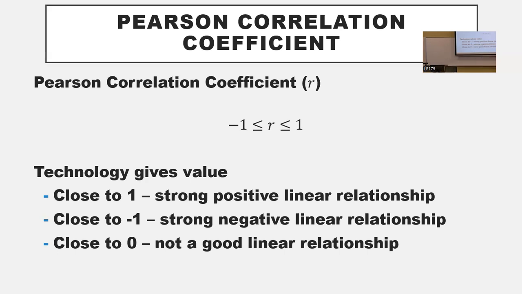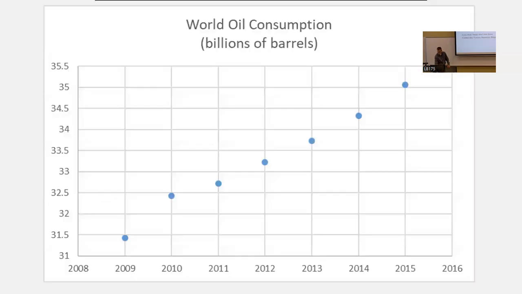The closer it is to 1, the stronger our positive linear relationship is. Let me rephrase that. The closer that R is to 1 means these points are really close to being a straight line with positive slope.